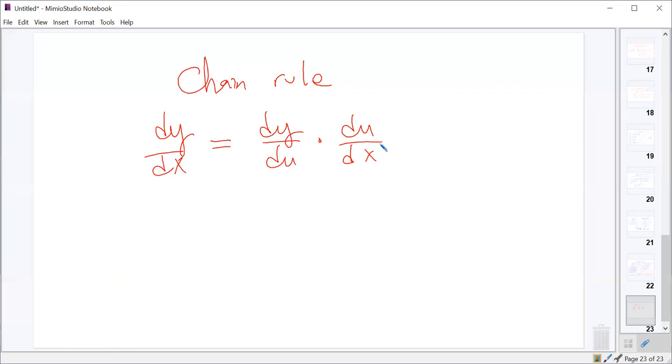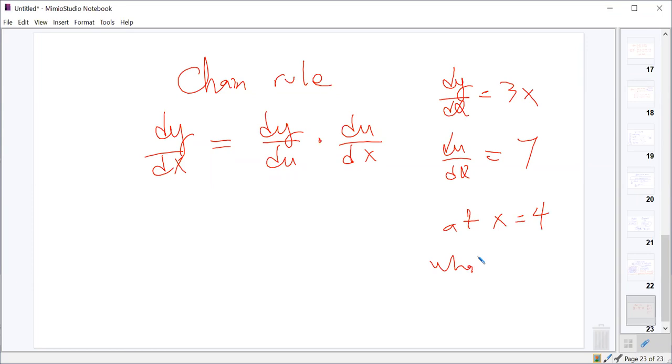And so this is important because sometimes they might say, okay, given some function dy dx equals 3x and du dx equals 7. And then they'll say at x equals 4, what is dy du?